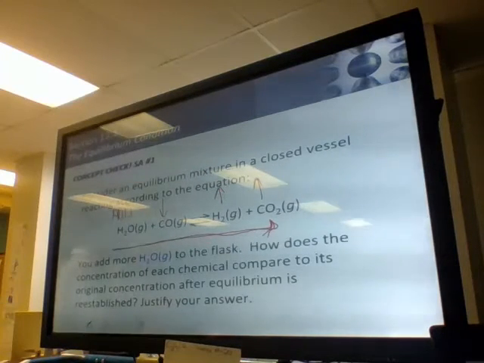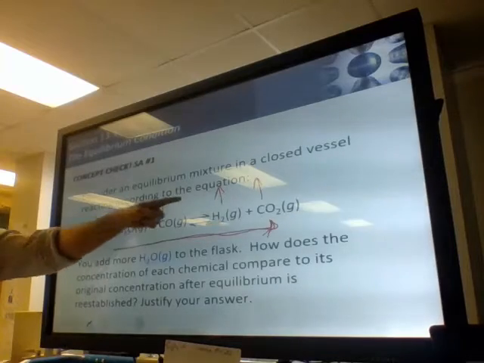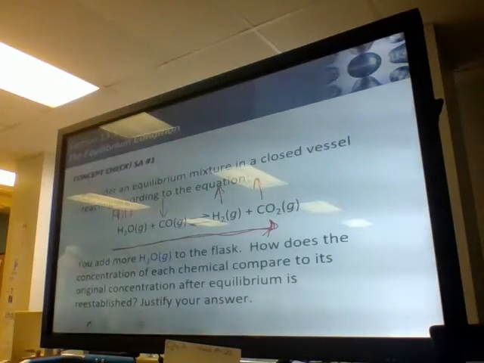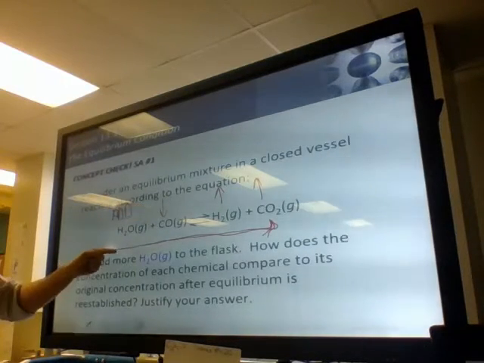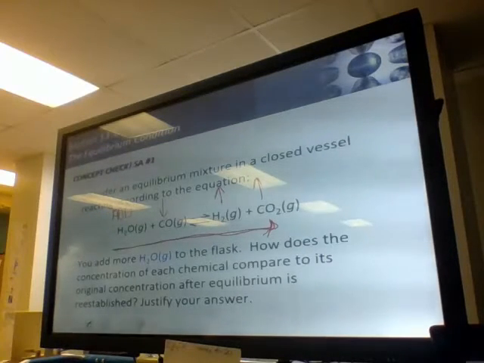So, for example, on your test, I'll ask how the concentration of each would change. These three seem easy, obvious. H2O would be initially higher, but since this reaction is now being forced this way, over time it's going to be lower than the initial concentration.